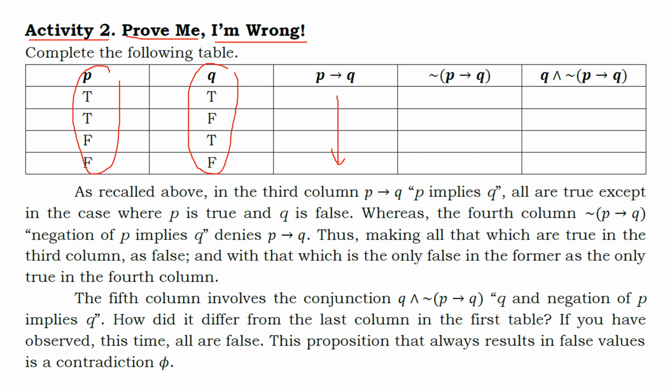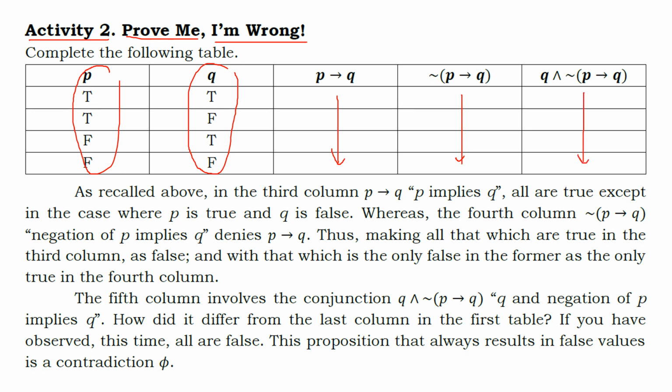When we say negation, it's the total opposite of the resulting truth values for your P conditional Q, and that will be your negation of P conditional Q. Right after getting the negation of P conditional Q in your fourth column, we simply apply the conjunction between your Q proposition and your negation of P conditional Q for your fifth column, as you can see.